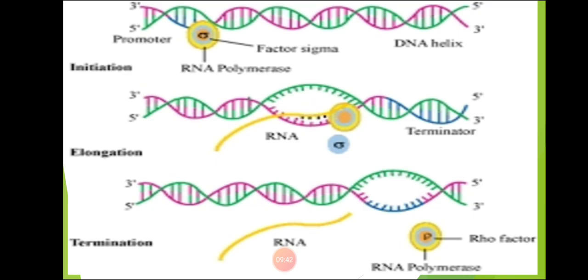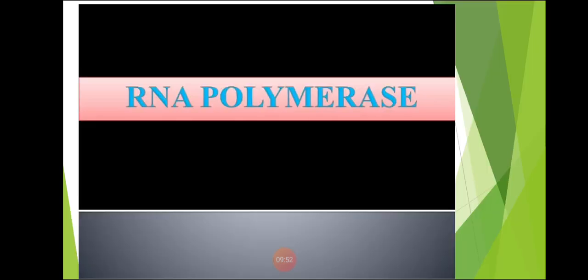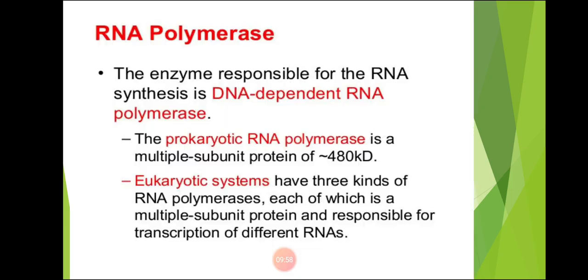Now, since I have discussed RNA polymerase, we need to discuss it in both prokaryotic organisms as well as eukaryotic organisms. Now we are going to study RNA polymerase. In prokaryotic organisms, only a single RNA polymerase is present.